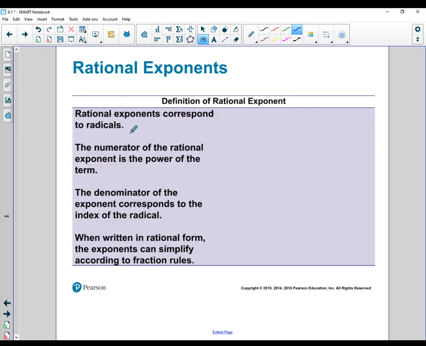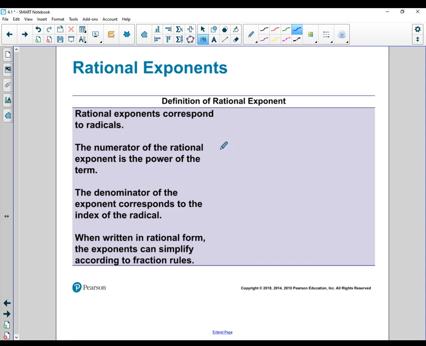But here's where we need probably a little reminder, or this might even be totally new. Rational exponents, so exponents with fractions in them, correspond to radicals. The numerator of the rational exponent is the power of the term.